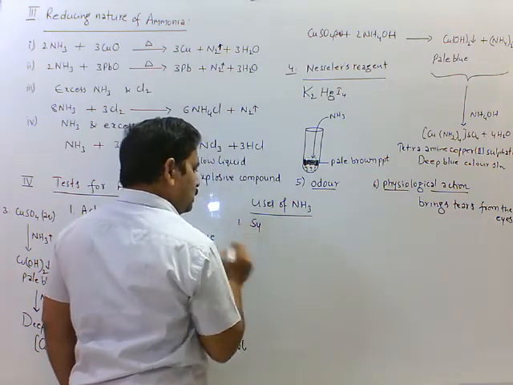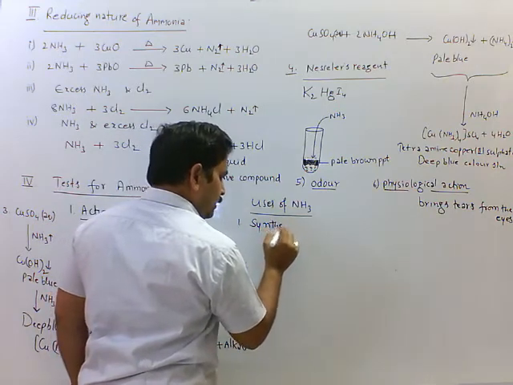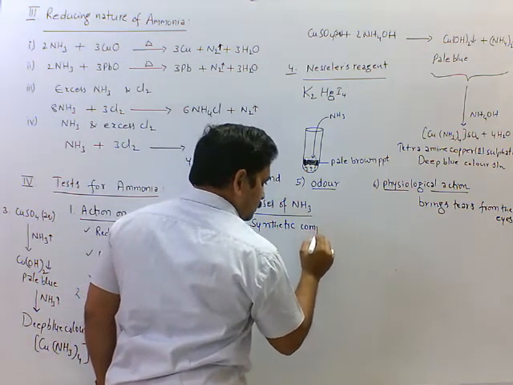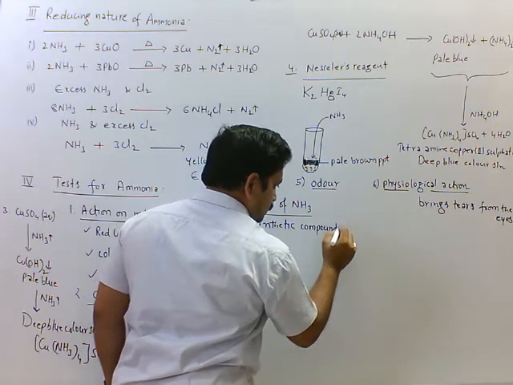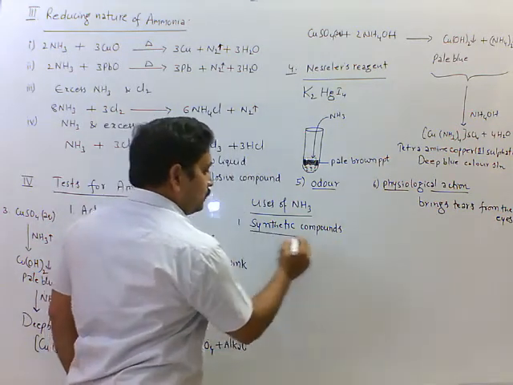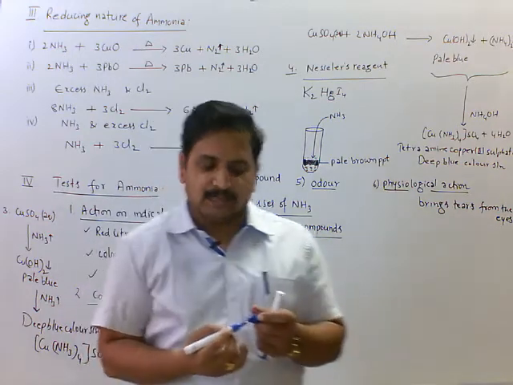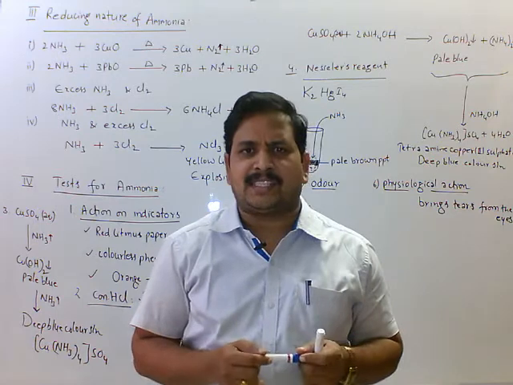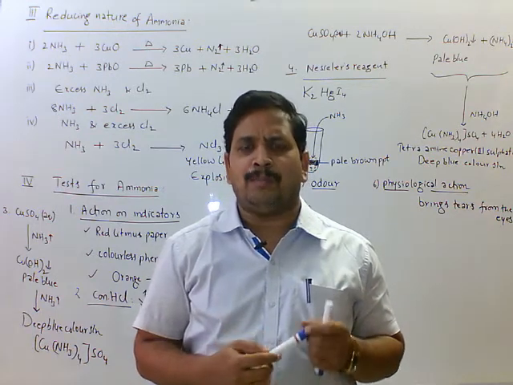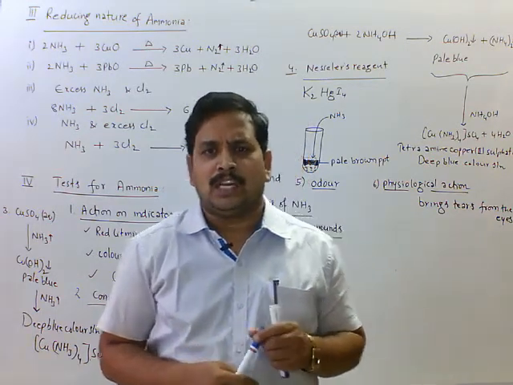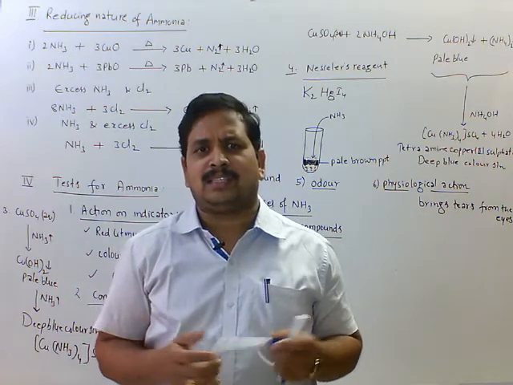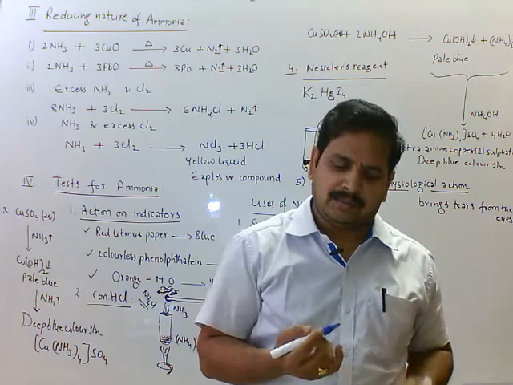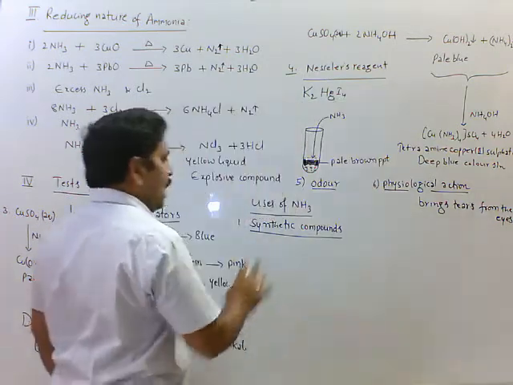First use is production of synthetic compounds: dyes, drugs, hydrogen, nitric acid, washing soda, baking soda, cellulose nitrate, that is artificial silk, plastics. These all come from ammonia.